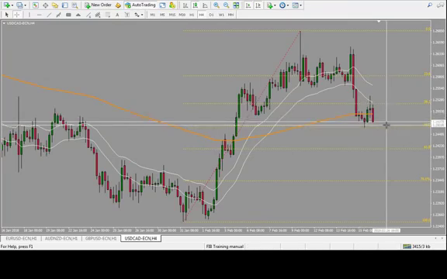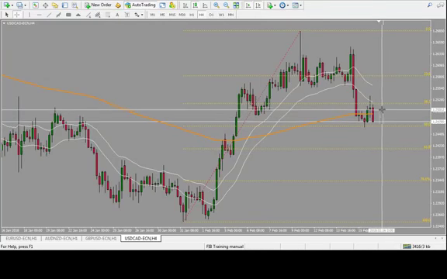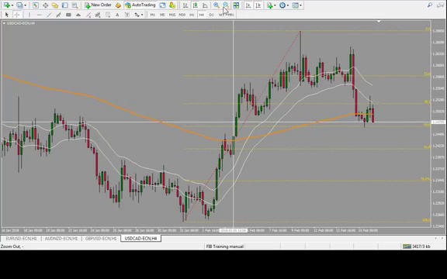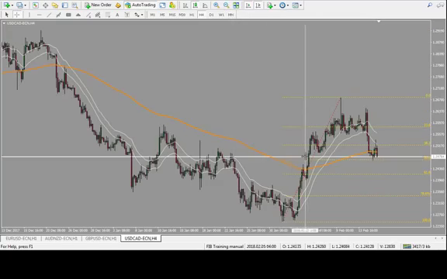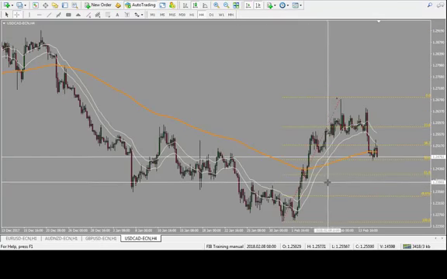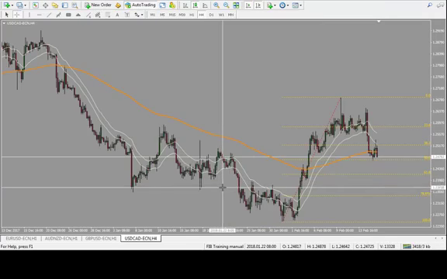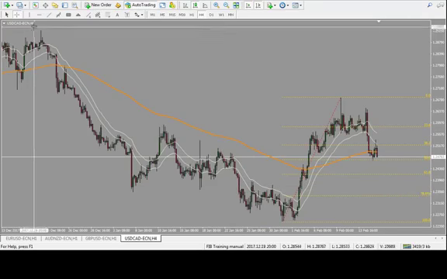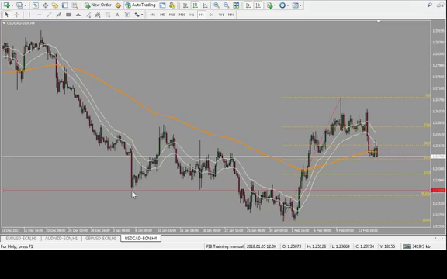So if we just assume this is making a bullish candle at some point soon, then I would zoom out and start looking for horizontal support lines. You can see that, for example, here we've got one, and this is a 4-hour chart, so these support levels are fairly strong. So this one I would be quite happy with.